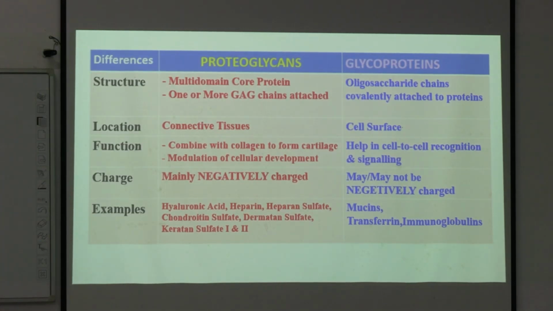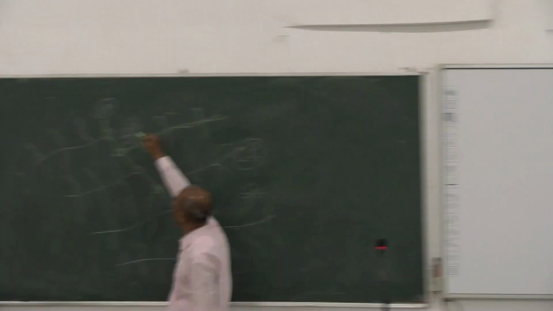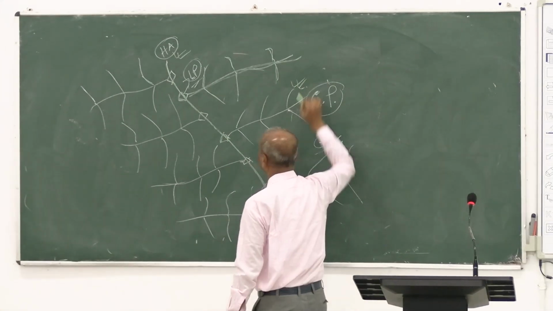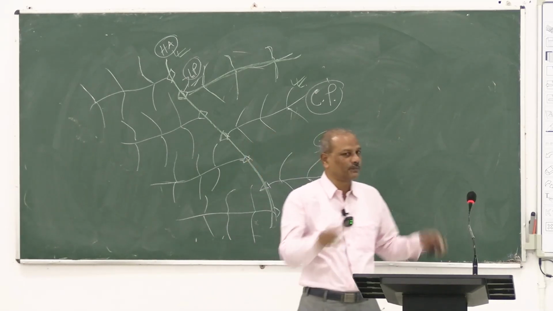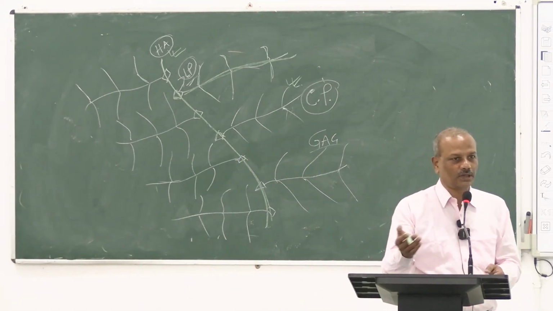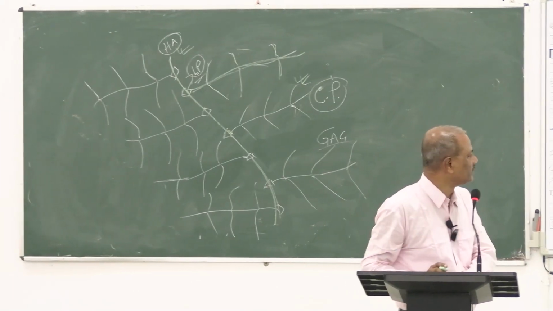The difference you note down, if you want to, between proteoglycans and glycoproteins. A proteoglycan is a multi-domain core protein in which there is a GAG, and hyaluronic acid is also a GAG. There might be a separate other GAG present. A glycoprotein, as I told earlier, has an oligosaccharide chain covalently linked to protein.